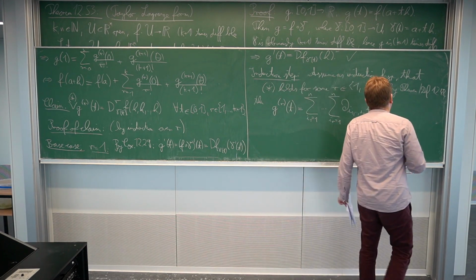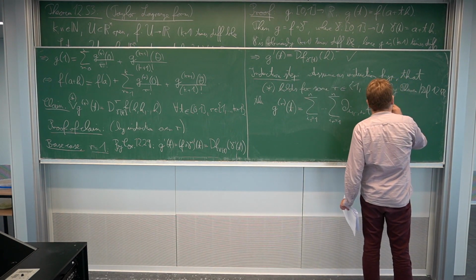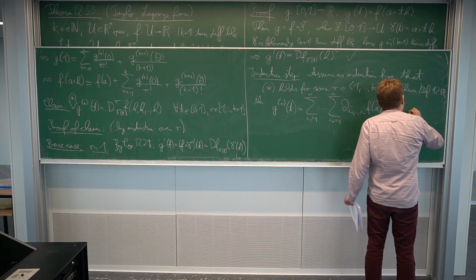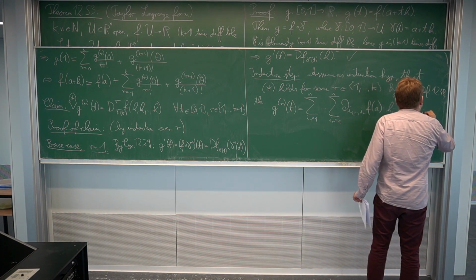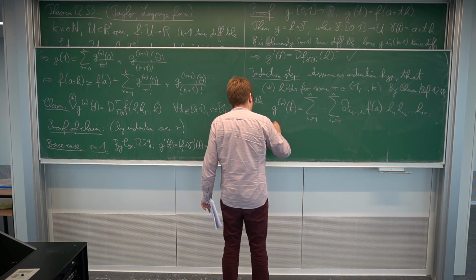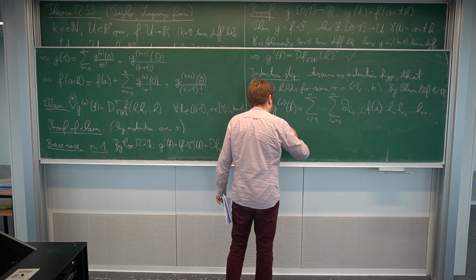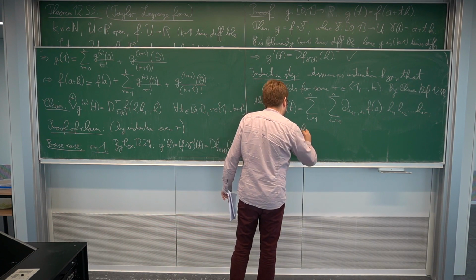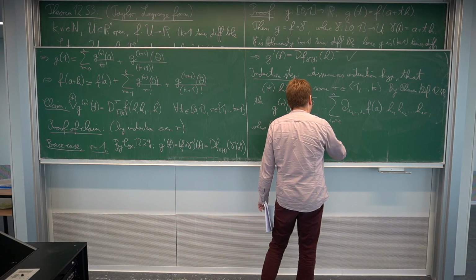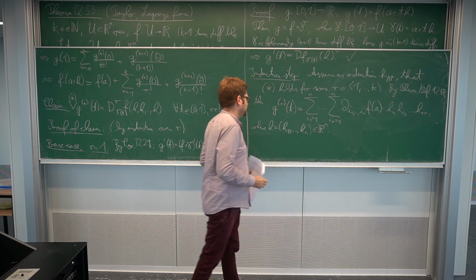So h_I1, h_I2 to h_Ir, where this denotes the components, so h, which we consider as some fixed element, has just components h1 to hn, as we always consider.